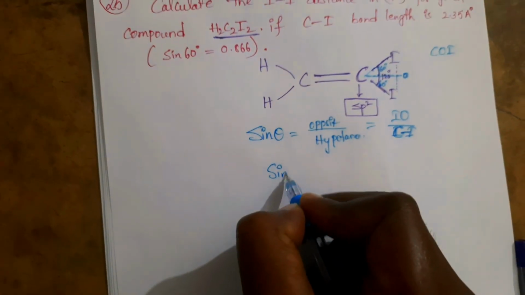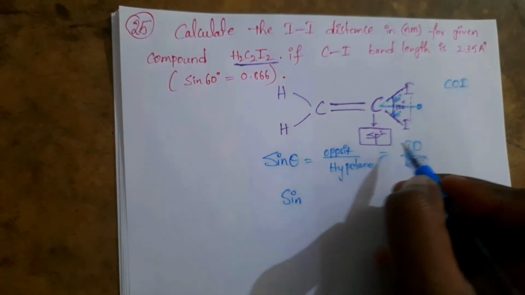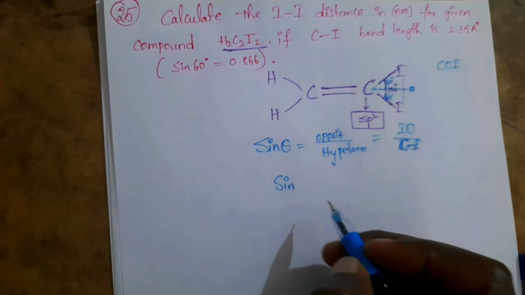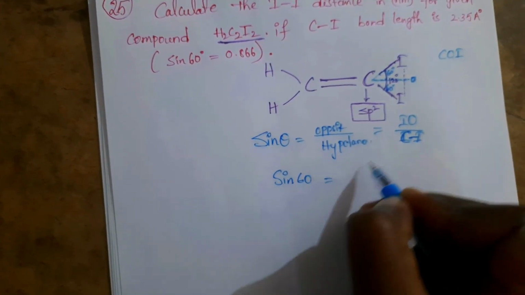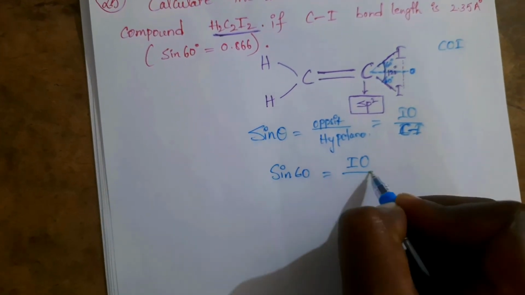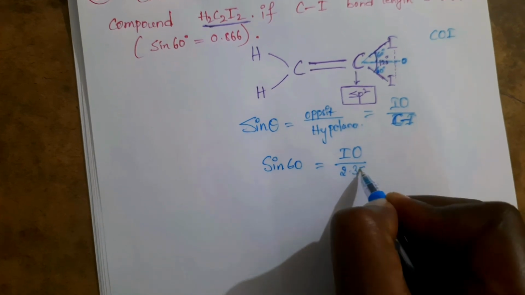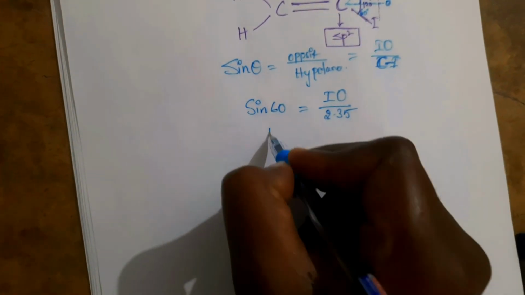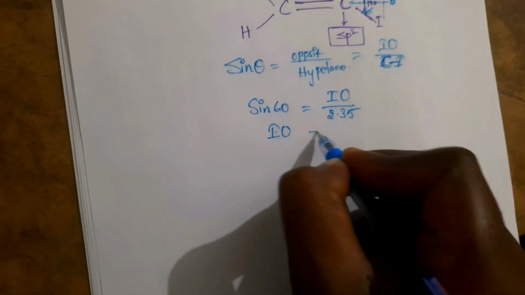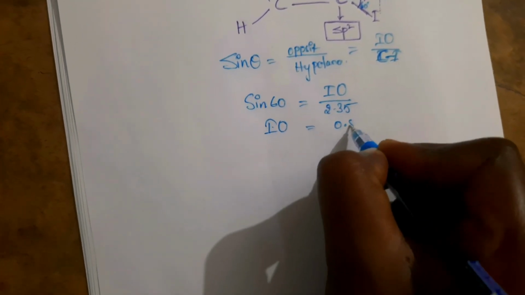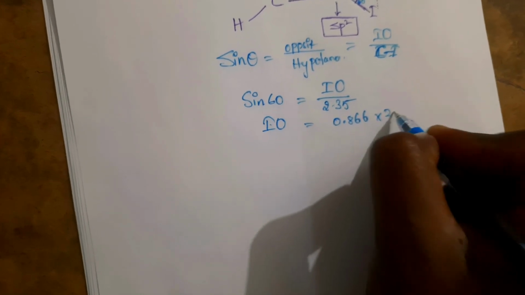They gave sin theta here. Theta is how much? 60 degrees, in the diagram we are getting 60 degrees. Sin 60 is equal to IO by CI, the distance given, that is 2.35 angstroms. So the IO distance will be sin 60, which is 0.866, into 2.35.